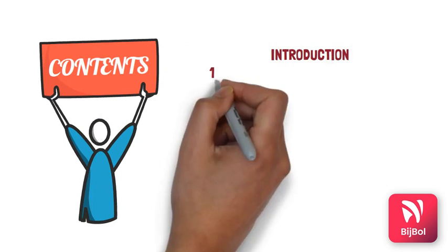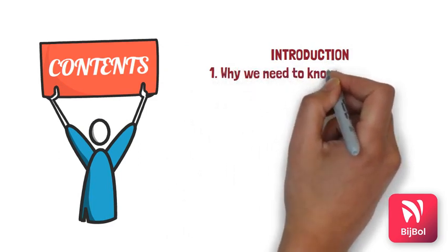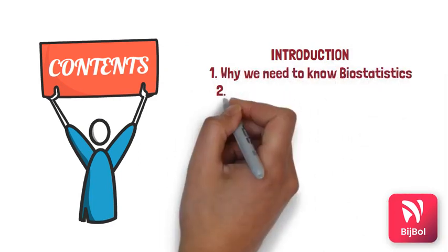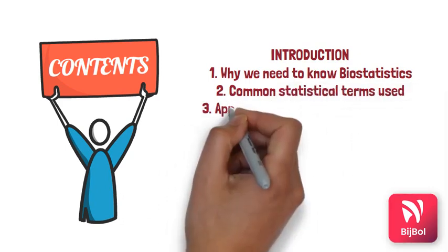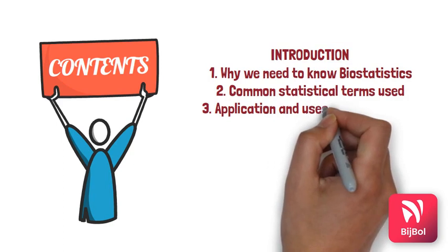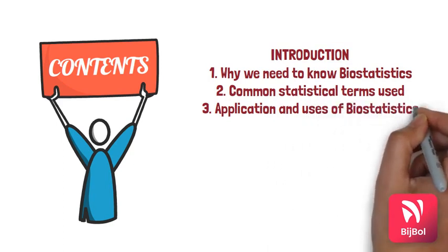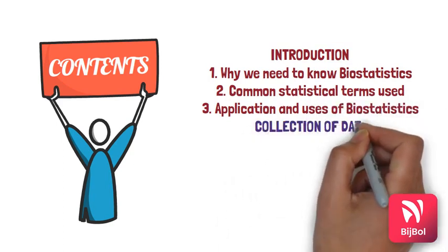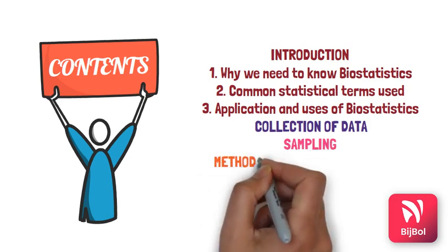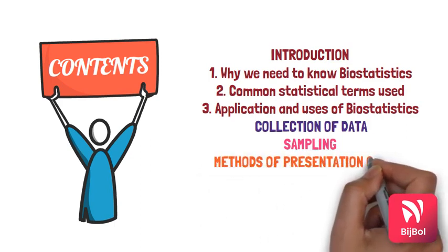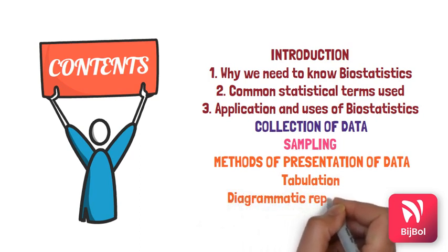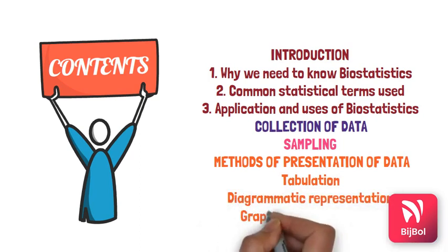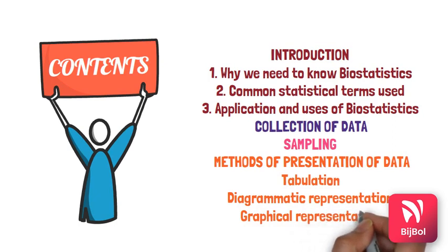particular biostatistics topic? So, first we need to know why exactly we need biostatistics. Then we will see the common statistical terms that are used, the various applications and uses of biostatistics, the various methods of collecting the data, sampling, methods of presentation of the data, so that is by tabulation, diagrammatic representation and graphical representation.